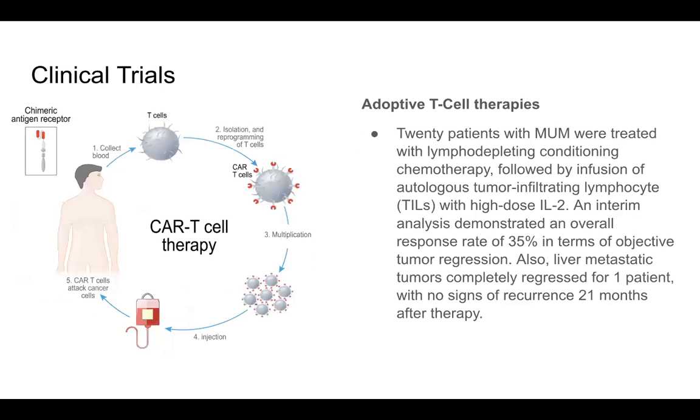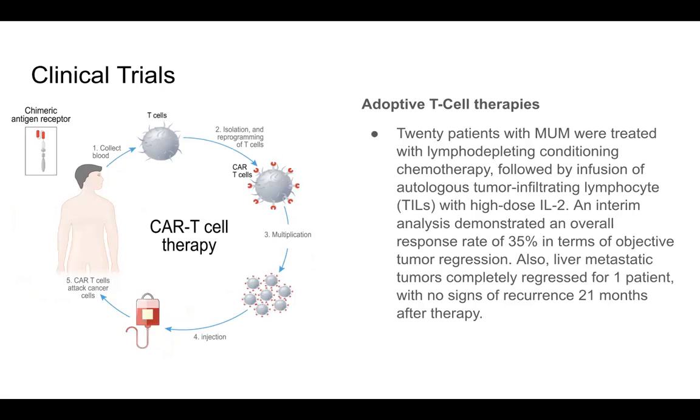Finally, adoptive T-cell therapies remove T cells from a cancer patient, isolate and expand them ex vivo, and then reinfuse them into the patient. This attempts to enhance the immune system to more efficiently attack cancer cells by creating super T cells. Unfortunately, a trial in this field was terminated in 2018.